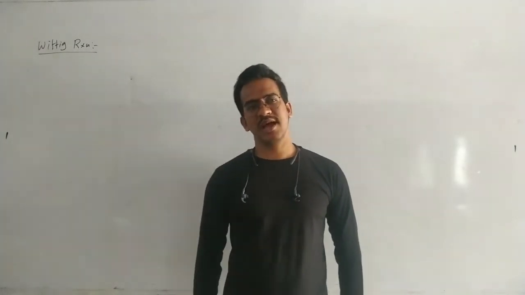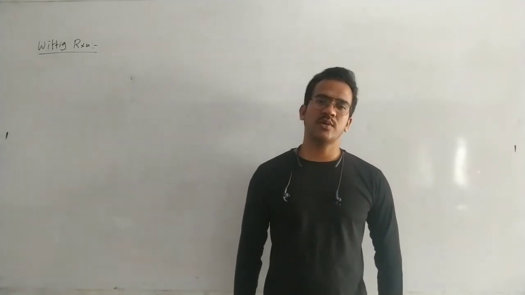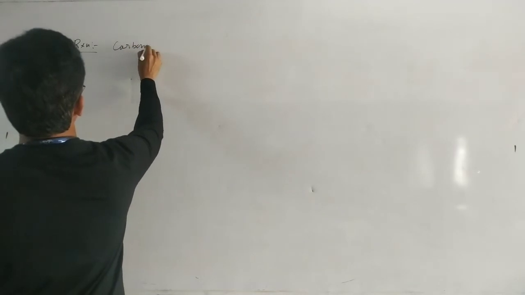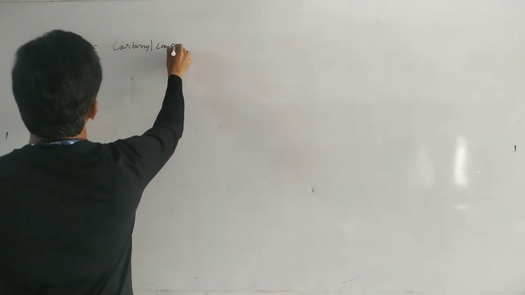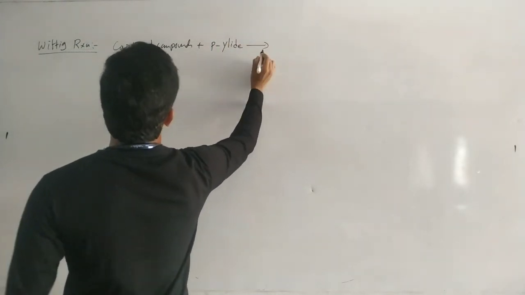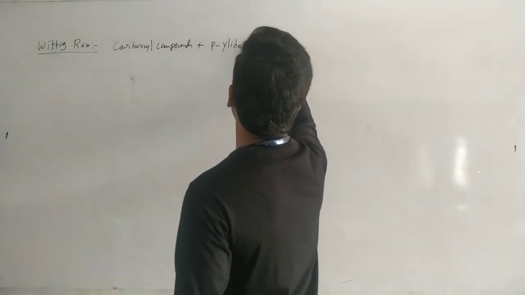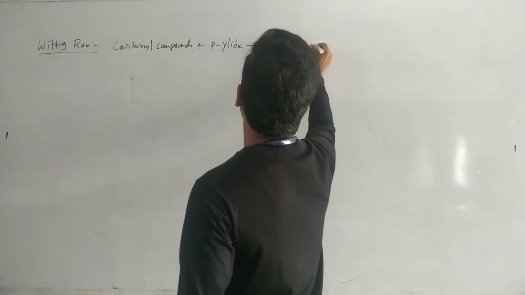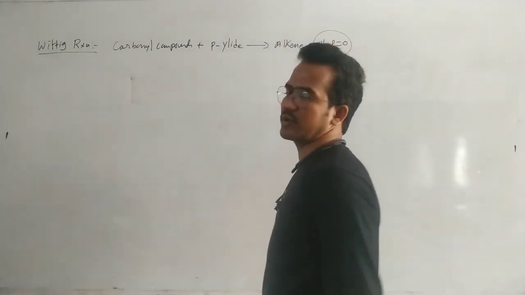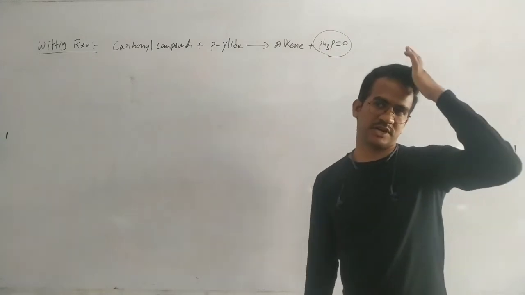It is a reaction between carbonyl compounds and a phosphorus ylide. Carbonyl compounds plus phosphorus ylide, we will get the alkene plus triphenyl phosphine oxide.